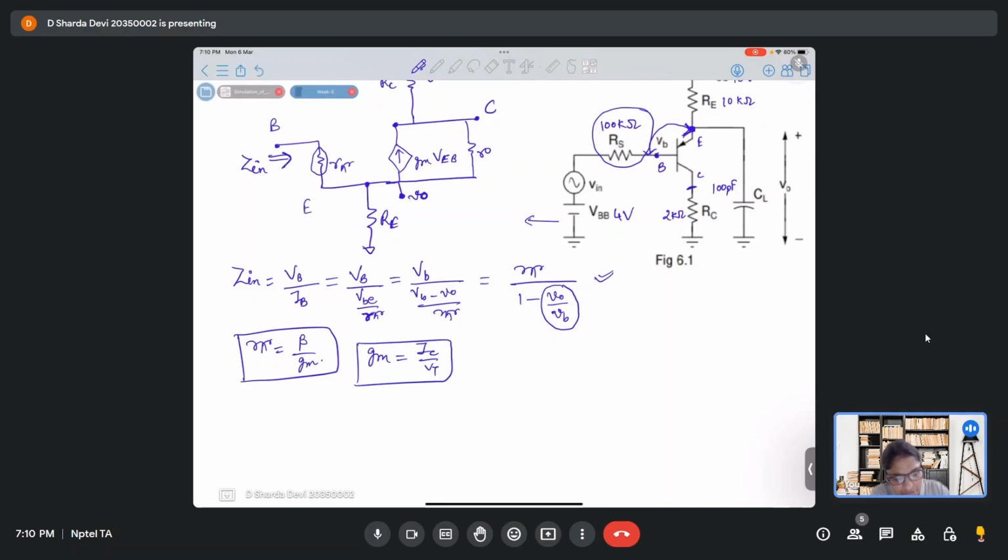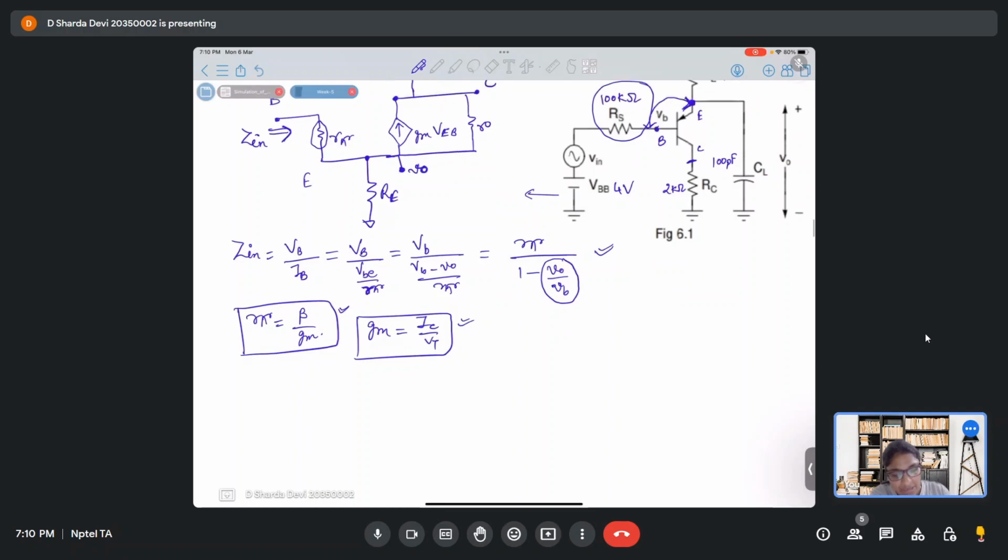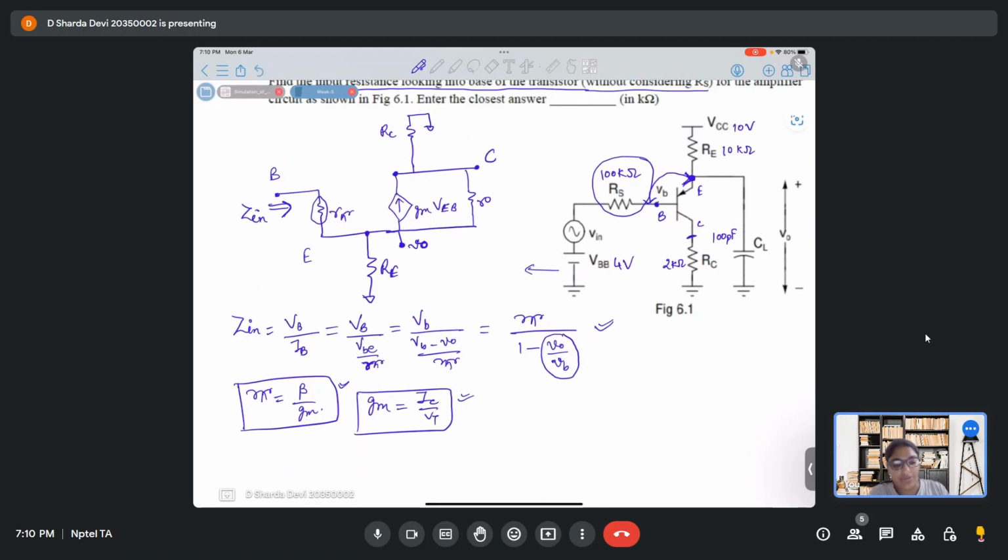So this is also we know. So we know GM, we know beta, so we can find R pi. What is it that we don't know? We don't know V0 by VB. So for this we are going to solve few equations to find this value of V0 by VB, and the moment we substitute it we'll get the Zn.